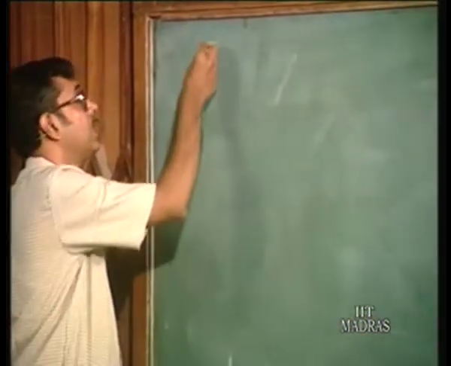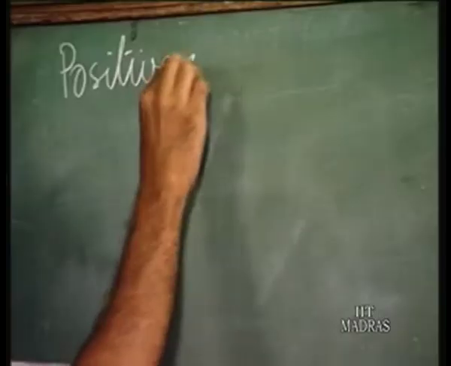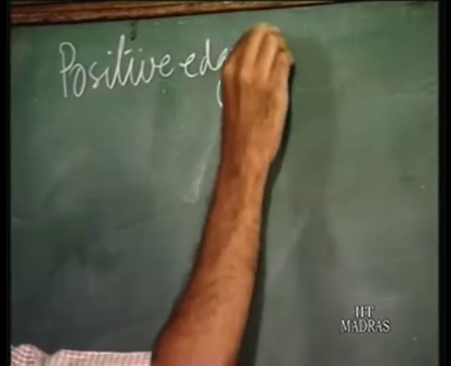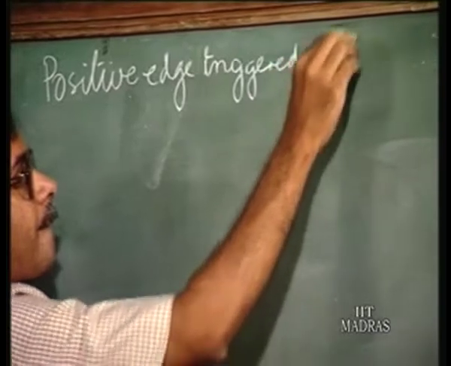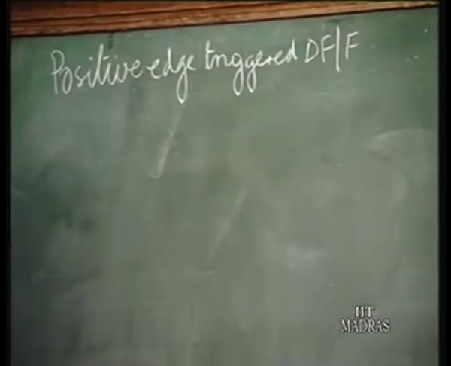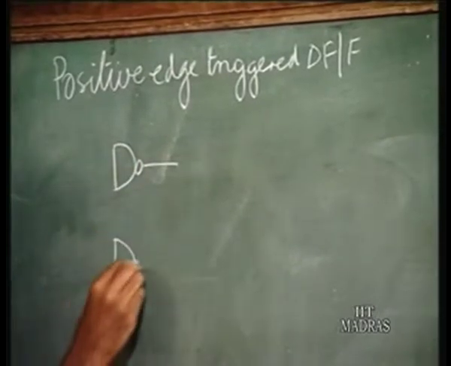Well, this is the circuit of a positive edge triggered D flip flop. So it has 6 NAND gates.